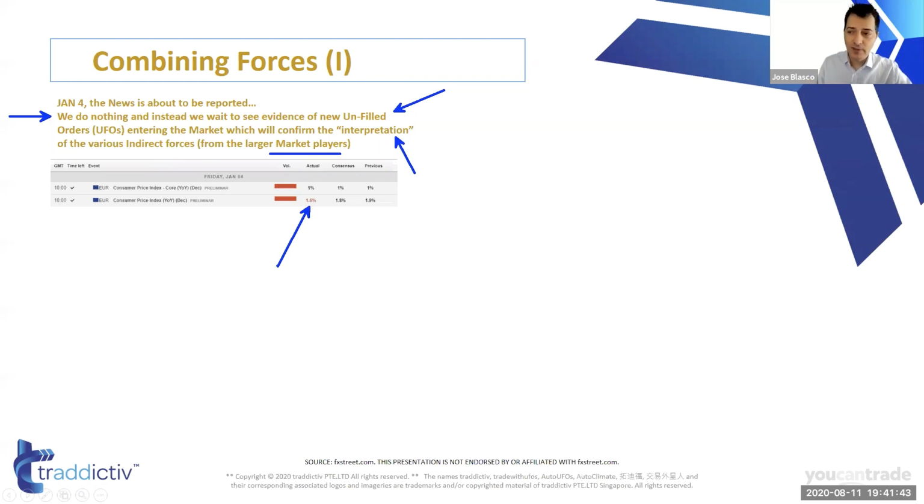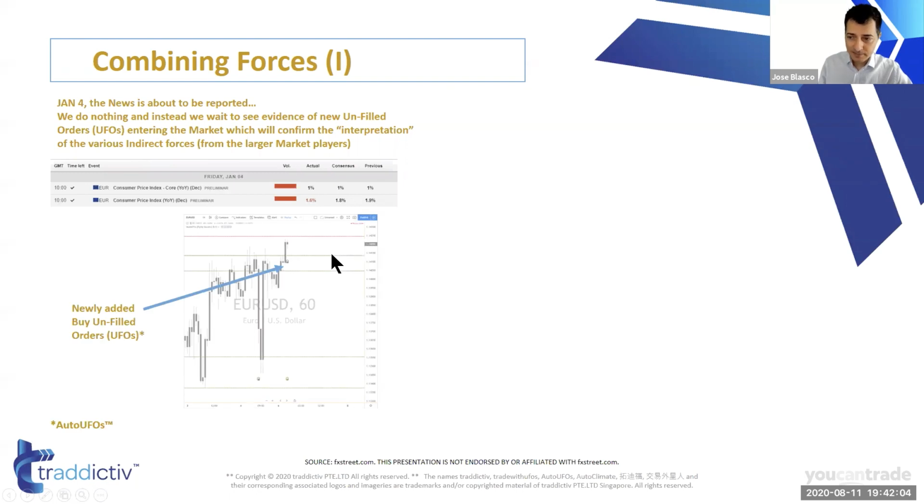Or to you, it's gonna be like, oh, to me, this news was unexpected, but somehow someone may have known, so the news may be built in the price, and I'm gonna be a contrarian and be a buyer. So again, all of these would be valid at times and invalid at times, and it's all about the interpretation. So instead, my proposal to you is forget about the interpretation. Instead, wait for the UFOs to form.